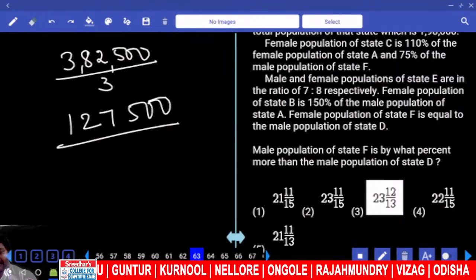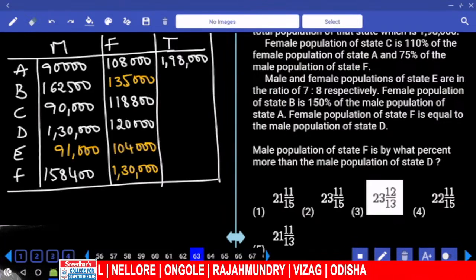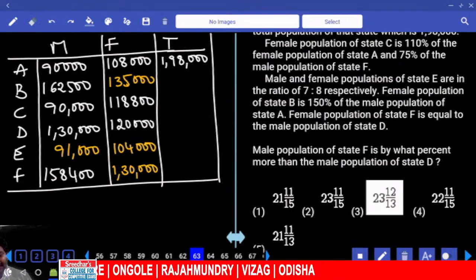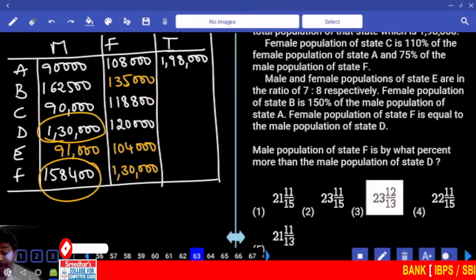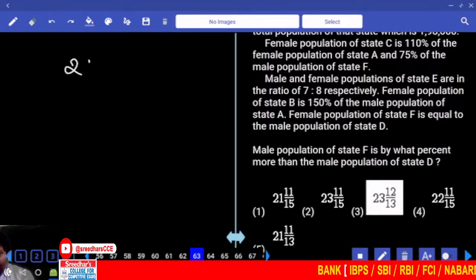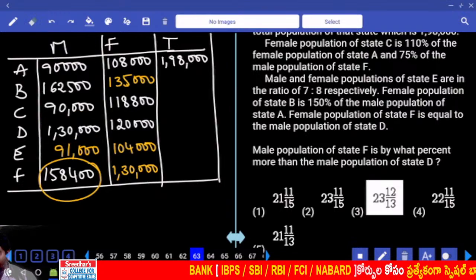Male population of F is by what percentage more than male population of D? F is 158,400. D is 1,30,000. How much more? 28,400 more. 28,400 more than which number? 1,30,000.